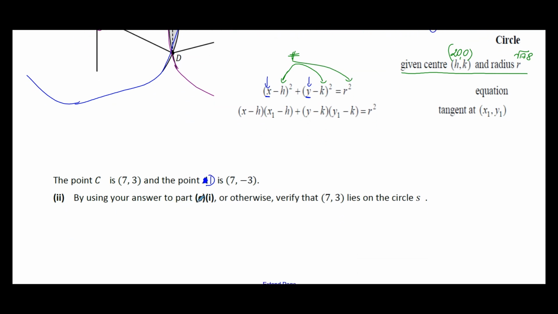So by using your answer to part c1, so our equation of the circle, let's write it down here. That was (x minus 20) to the power of 2 plus y to the power of 2 equals 178. Or otherwise verify that the point lies on the circle S. Now, when we have a point on the line, it doesn't matter what kind of line, straight, curve, circle. That's the reason why x and y remain x and y.